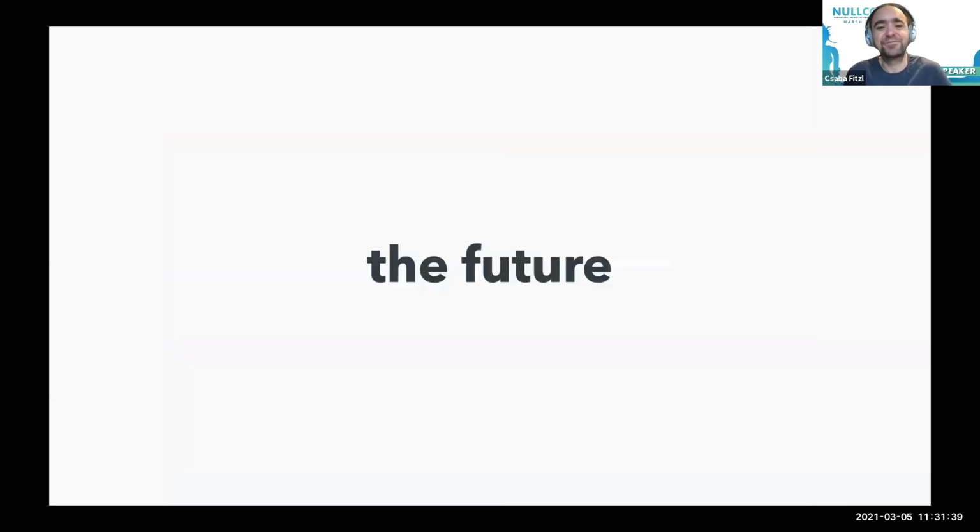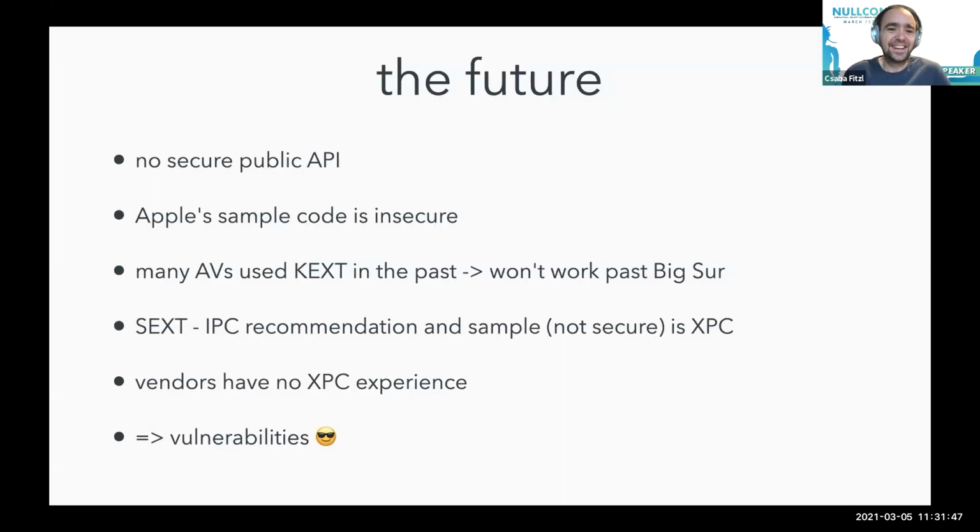And lastly, the future. How we see the future of XPC and all these bugs and everything. Unfortunately, it's dark at this point, and there are many reasons to this. The very first one is there is no secure public API from Apple, what we mentioned earlier.